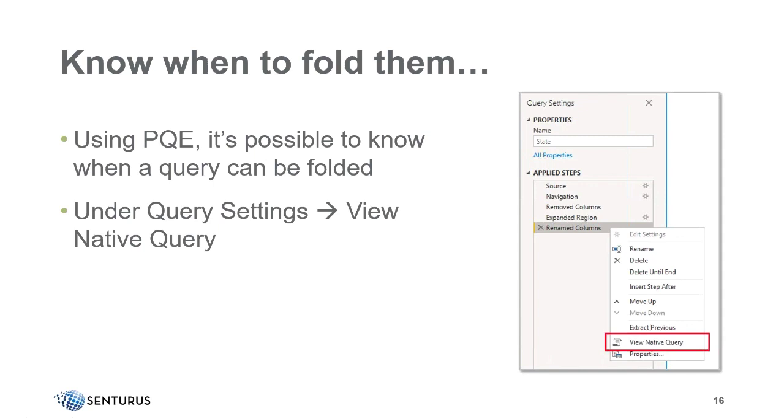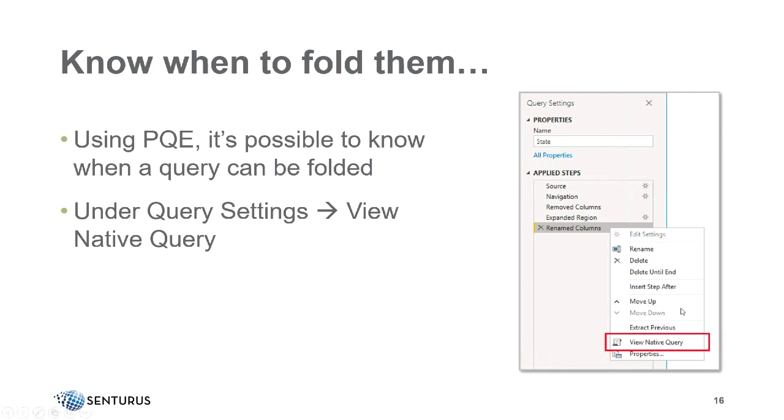If this is grayed out, then that step or a step before it cannot be folded. Okay. This does not show up for all connector types though.